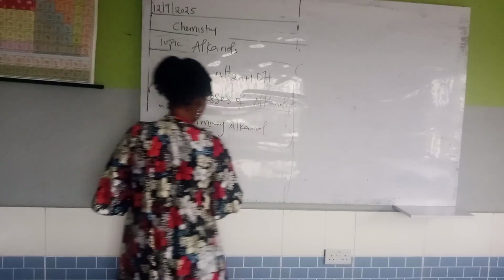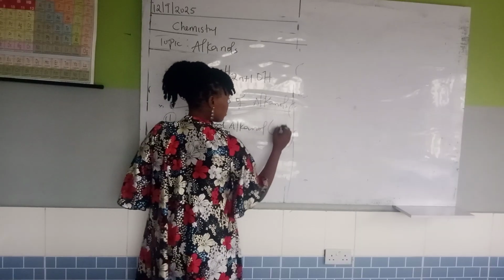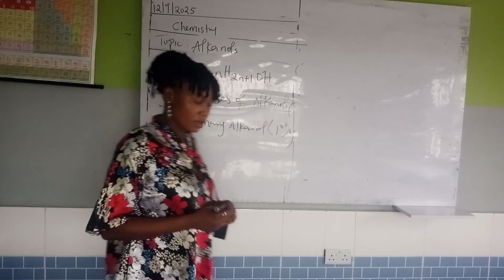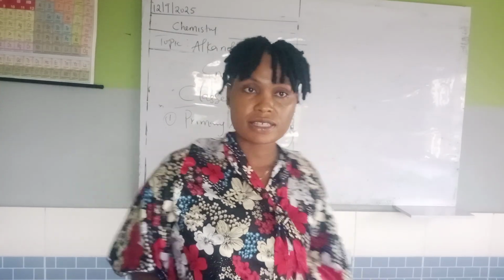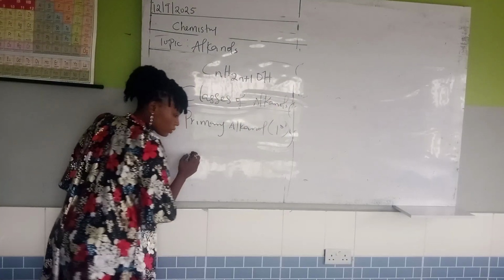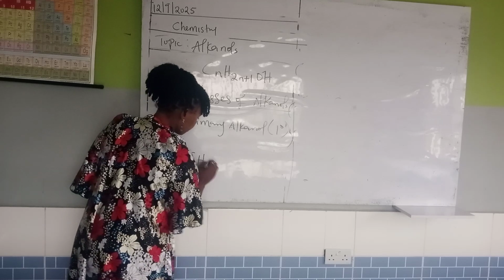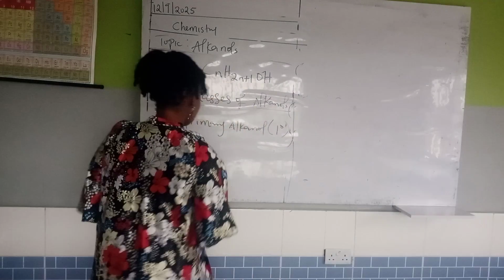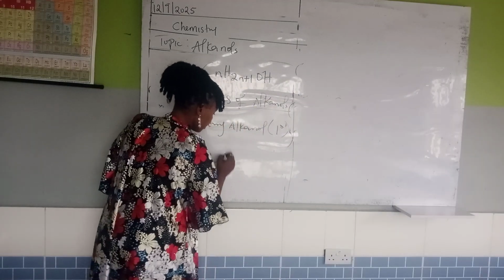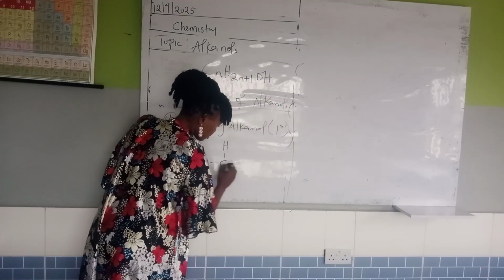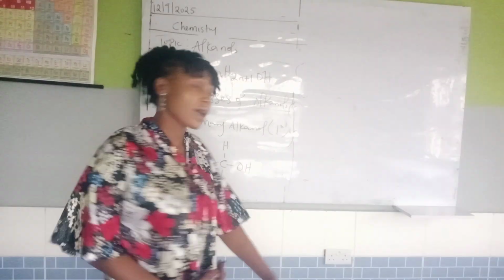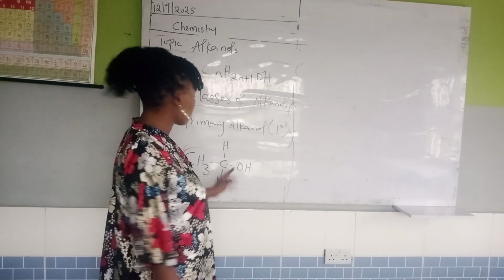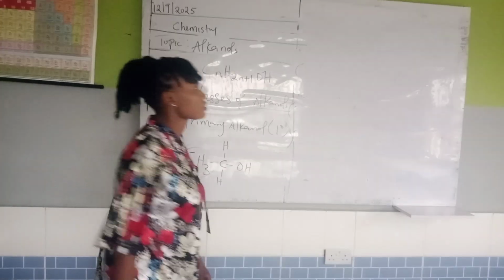An example of the primary alkanol is ethanol. It has one alkyl group attached to this carbon that carries this hydroxyl.